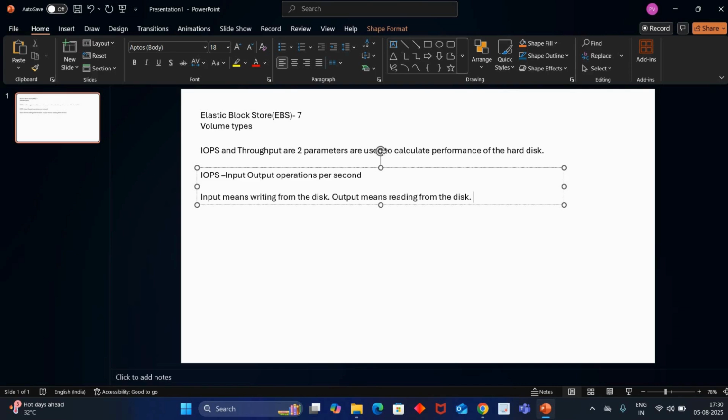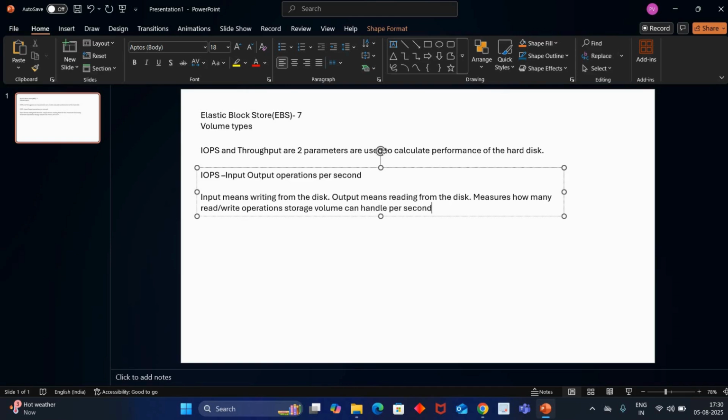So how is IOPS calculated? It measures how many read or write operations a storage volume can handle per second.